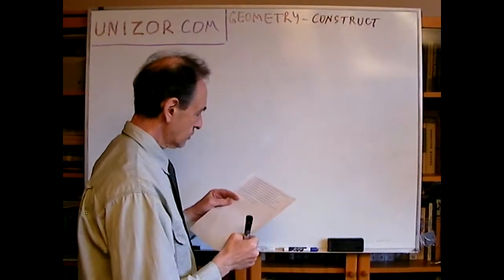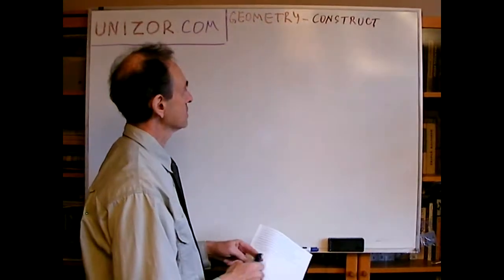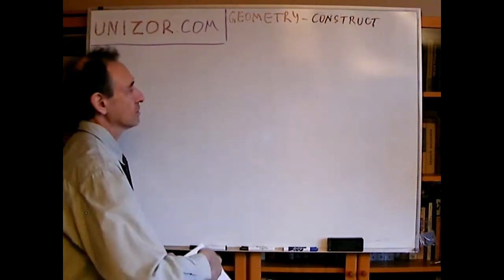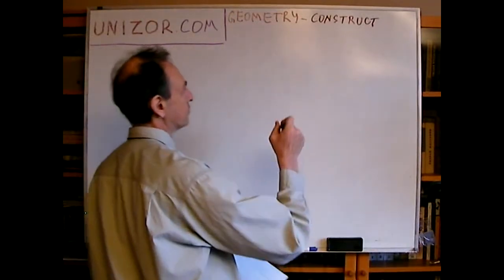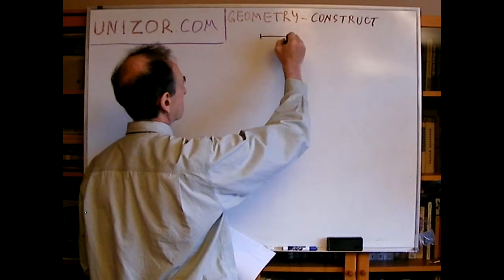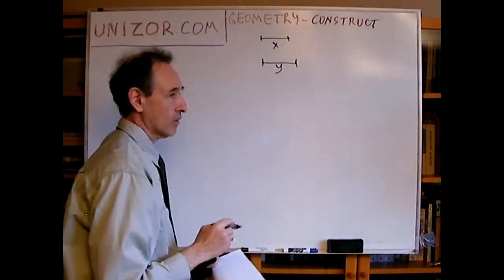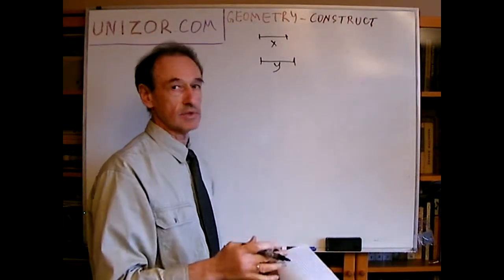Okay, construct two segments given their sum and difference. It's similar to the angles, actually. We already covered this with angles. So if you have two segments, x and y, now, you are not given these two segments.